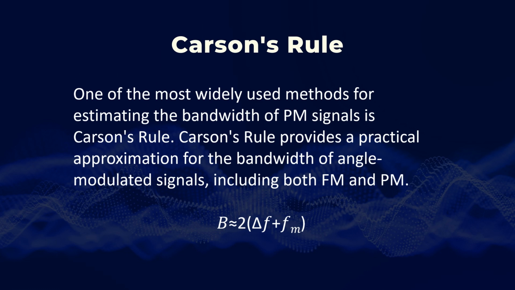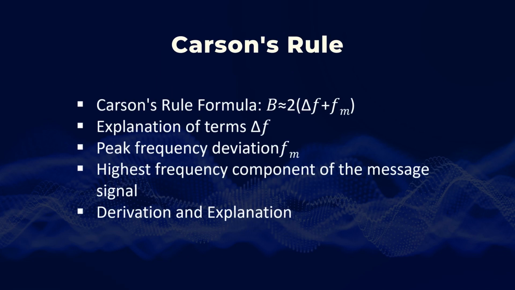According to Carson's rule, the approximate bandwidth B of a PM signal is given by B ≈ 2 Δf f_m, where Δf is the peak frequency deviation, which is the maximum shift in frequency from the carrier frequency due to modulation. f_m is the highest frequency component in the message signal, m(t).